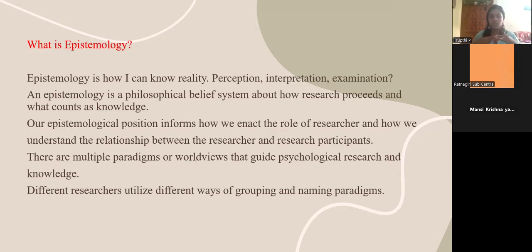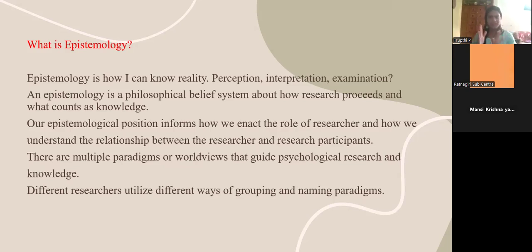Our epistemological position informs how we enact the role of a researcher and how we understand the relationship between the researcher and the research participants. Now, there are multiple paradigms or worldviews that guide psychological research and knowledge. Like I said, we are individual people with different ontological and epistemological systems, beliefs, or paradigms.